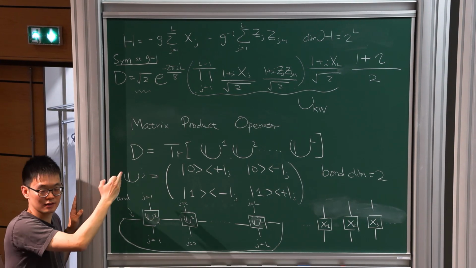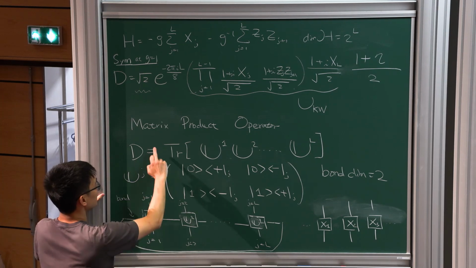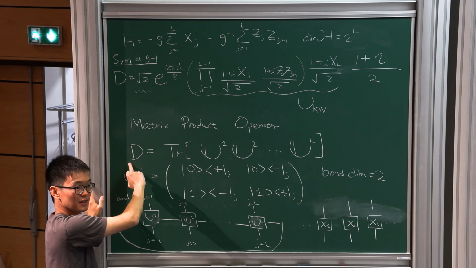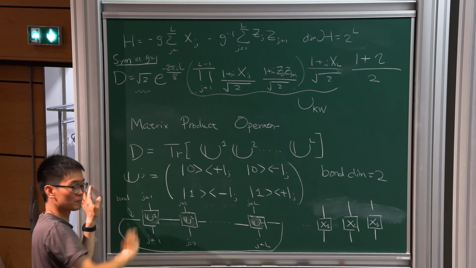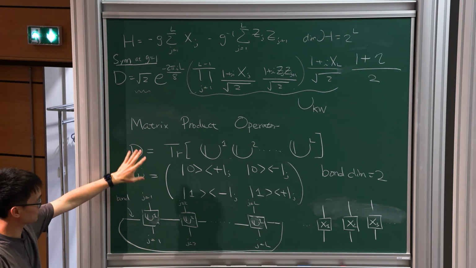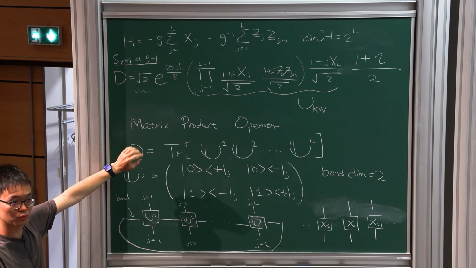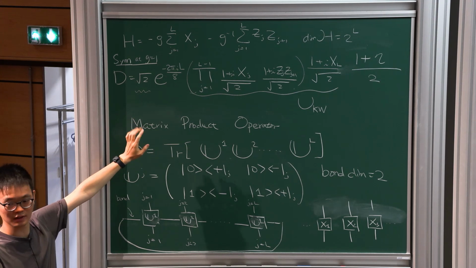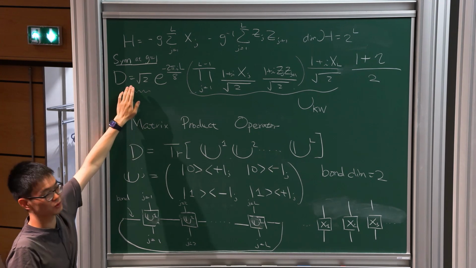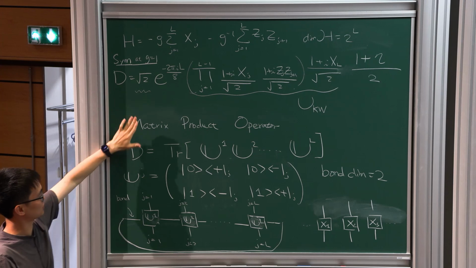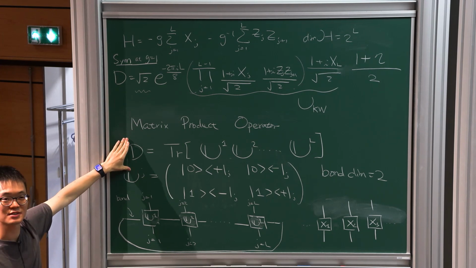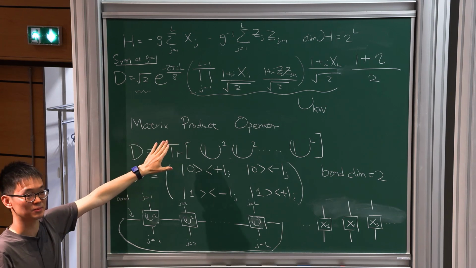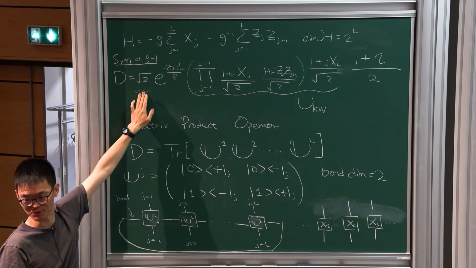But if I had done that, I would get a 7 to the lth in my final operator D, because this is like a local factor. It's not natural from the MPO point of view to rescale your operator just by a single factor of 7 or root 2. And the claim is that you have to put the root 2 here for this expression to literally agree with that. So somehow the MPO, the matrix product operator expression, knows about this root 2.